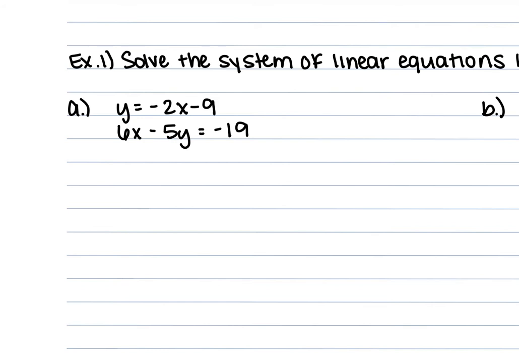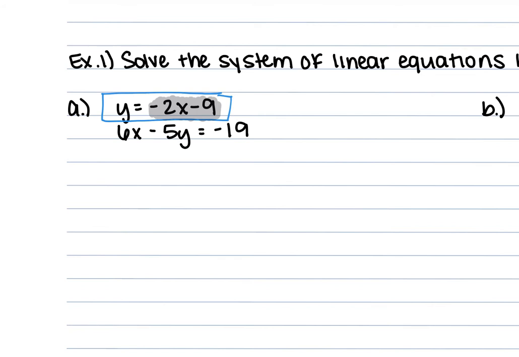So what we do is we box that in. We box in the y equals negative 2x minus 9. And you need to highlight the right side of the equation. Highlight the negative 2x minus 9. This becomes what we're going to call our substitution, okay?